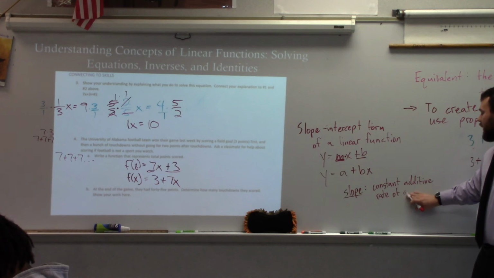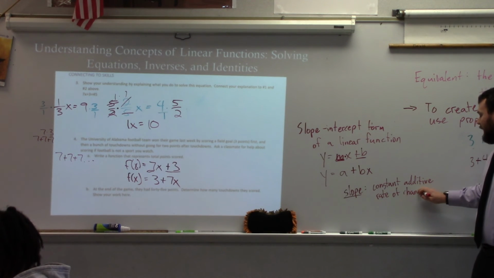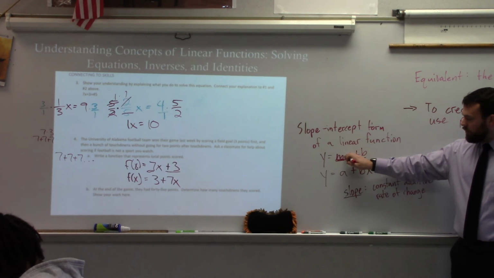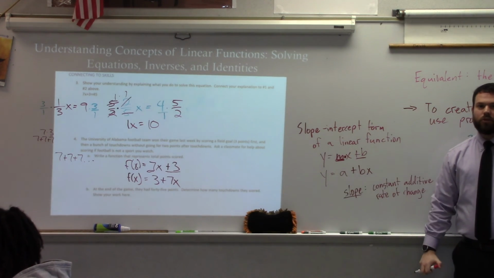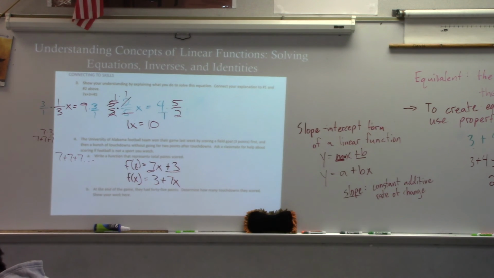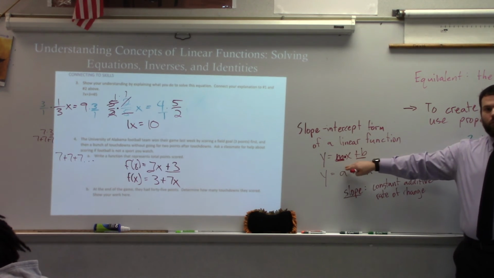And that's why, if I'm repeatedly adding, what operation shows repeated addition? Multiplication. Remember, slope is that additive rate of change for a linear function, but the operation that shows repeated addition is multiplication. Notice how my slope is what times x?